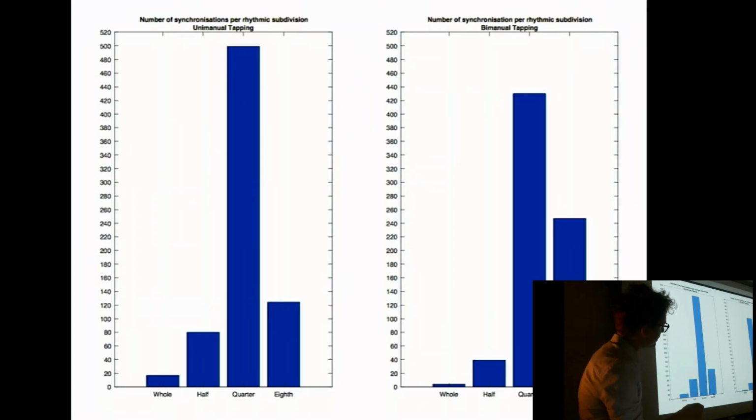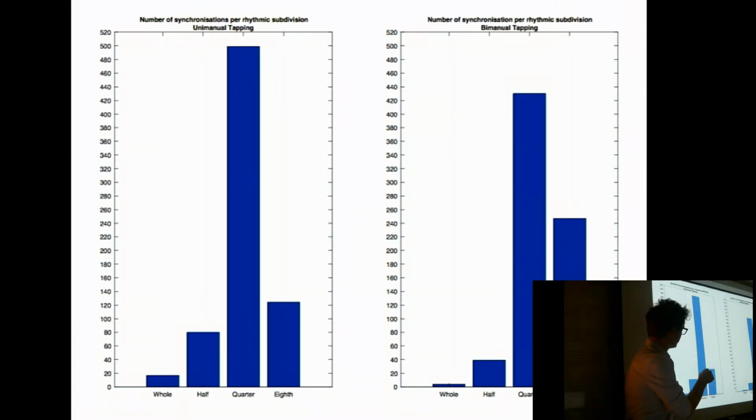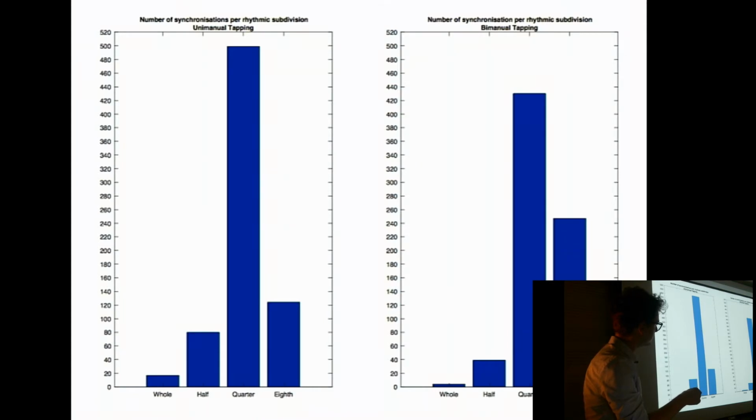But what's interesting here, and it's something that we actually investigated further, is that it looks as if there's a shift towards faster rhythmic subdivisions in bimanual mode, because there are fewer synchronizations with the half-note subdivisions, a lot more with the 8th-note subdivisions, and a bit less with the quarter note.